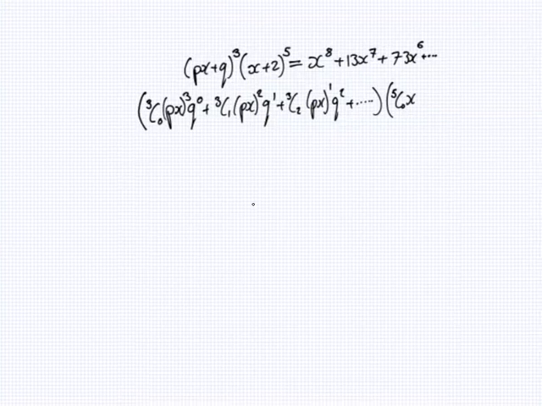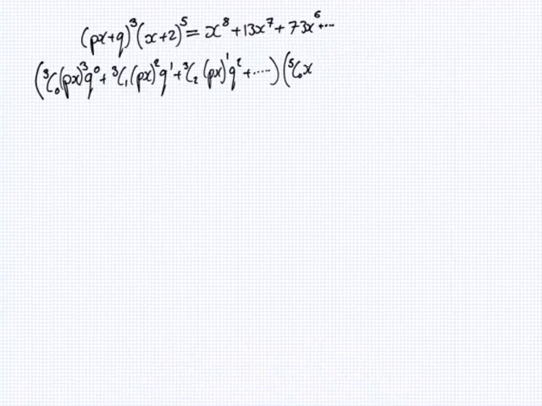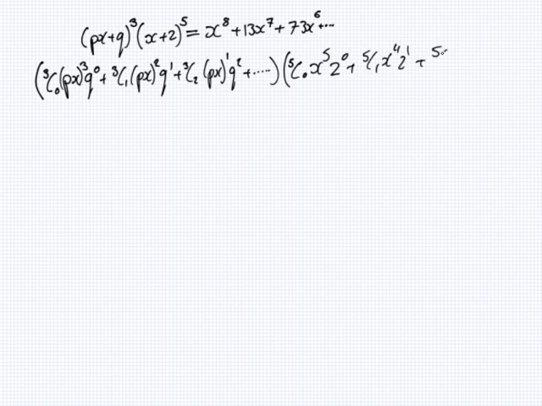Can you still see if I zoom out? Yeah? Okay. So that should be 5c0 x5 2 to the 0 plus 5c1 x4 2 to the 1 plus 5c2 x cubed 2 squared, and so on.